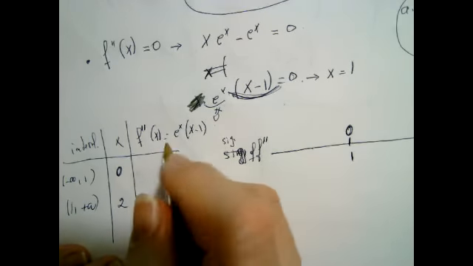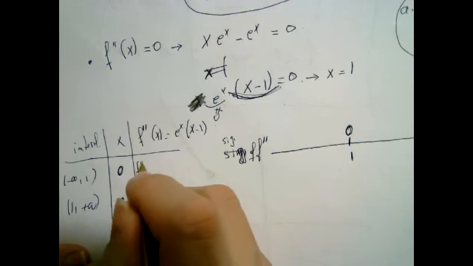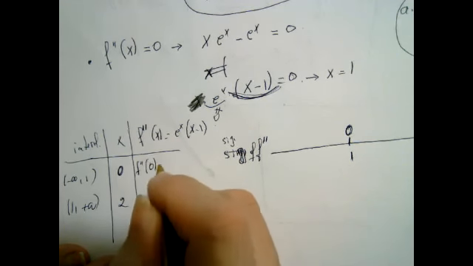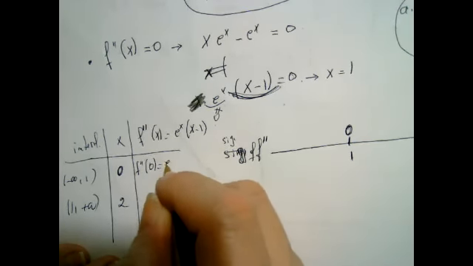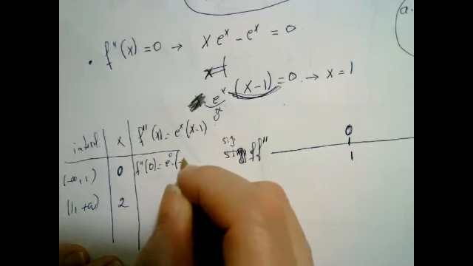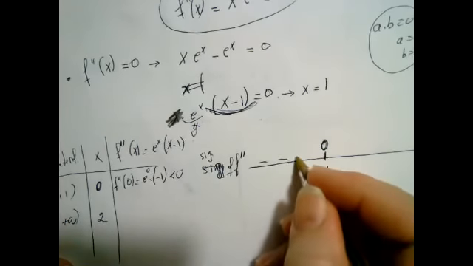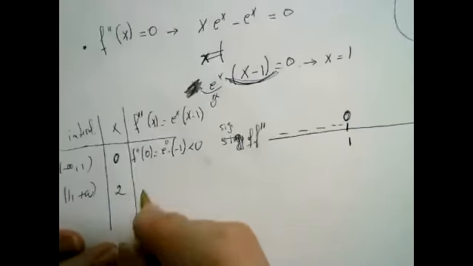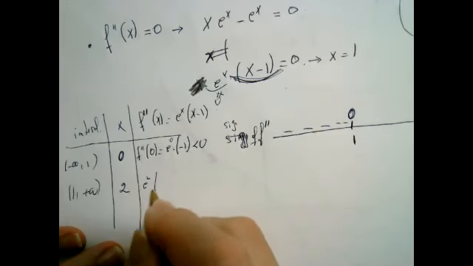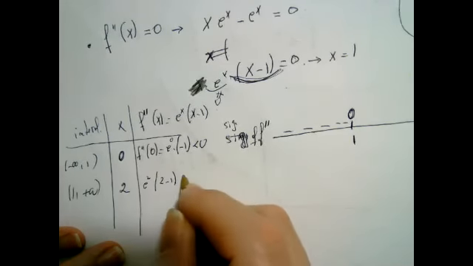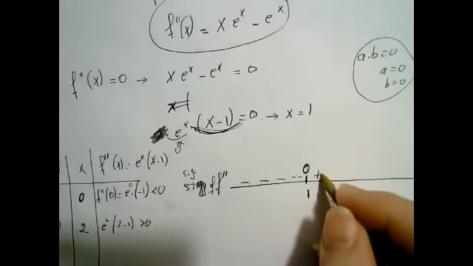And then I evaluate f double prime. So f double prime at 0 is e to the 0, which is 1, times minus 1. So that's negative. And this is e to the 2 minus 1, that's positive.